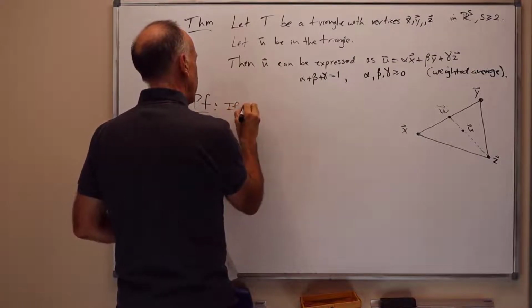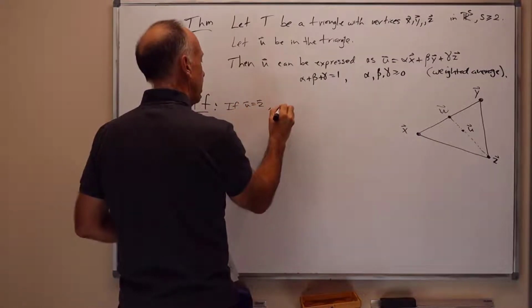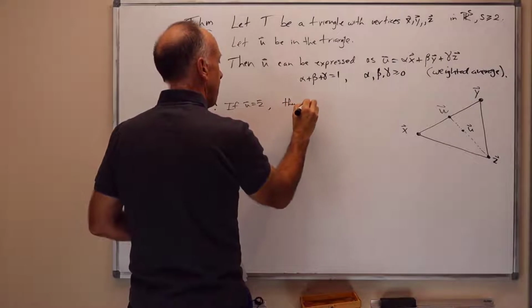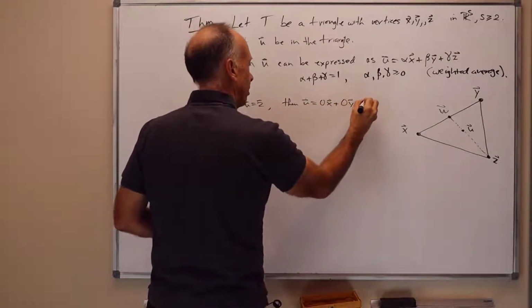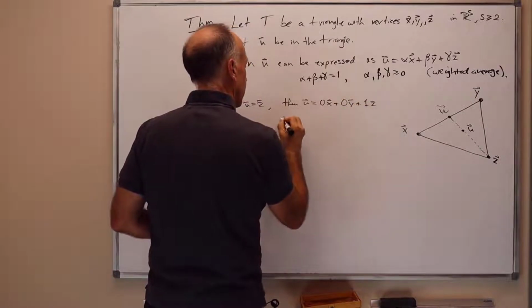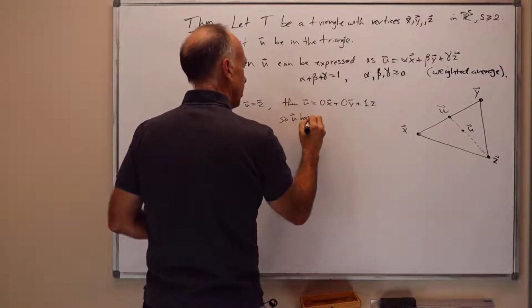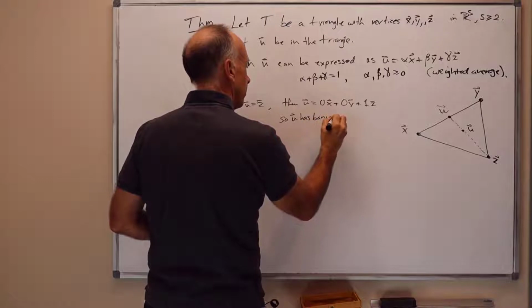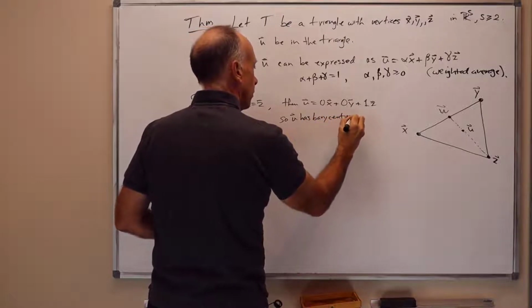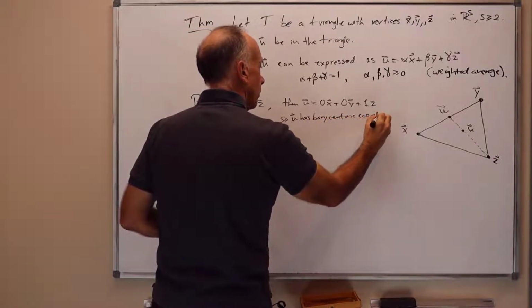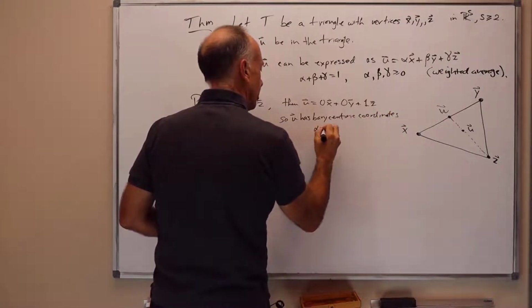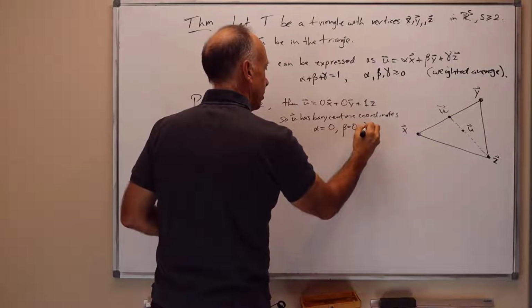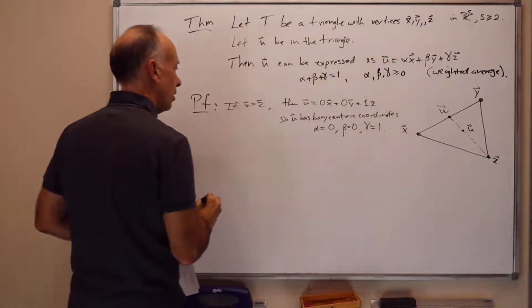First of all, we do have to rule out the case that U is equal to Z. So if U is equal to Z, then U equals 0x plus 0y plus 1 times Z. So U has barycentric coordinates alpha equals 0, beta equals 0, gamma equals 1.